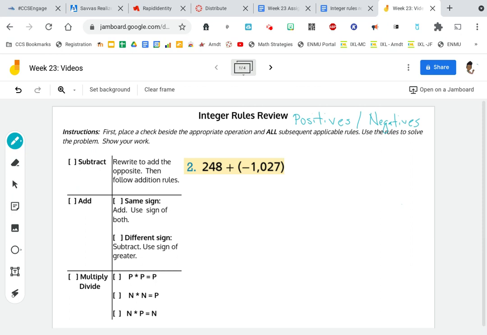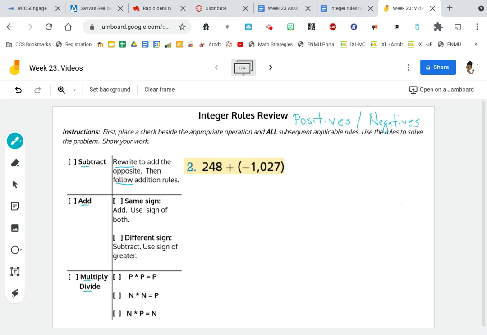We already talked about our four basic operators, which are adding, subtracting, multiplying, and dividing. But depending upon what we're doing, we have different integer rules. Our integer rule for subtraction is to rewrite the problem to show that we are adding the opposite, but then we have to follow the addition rules.